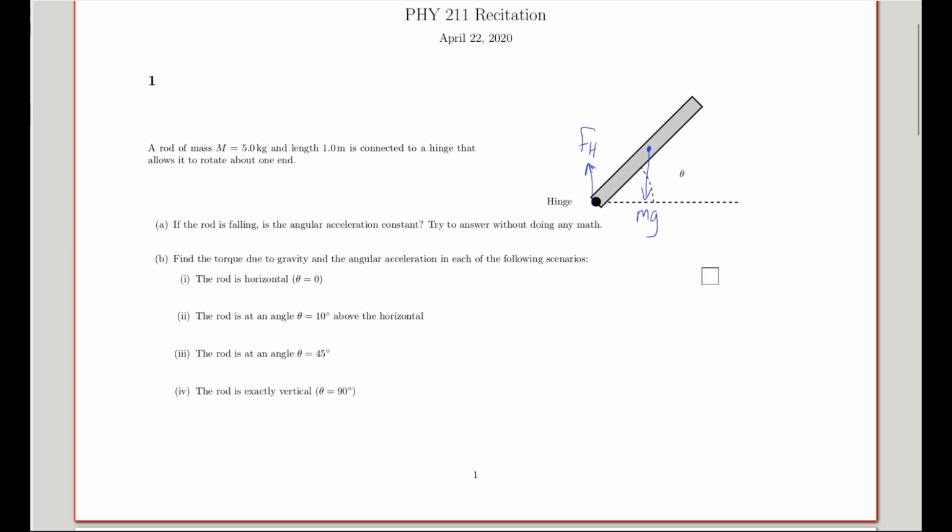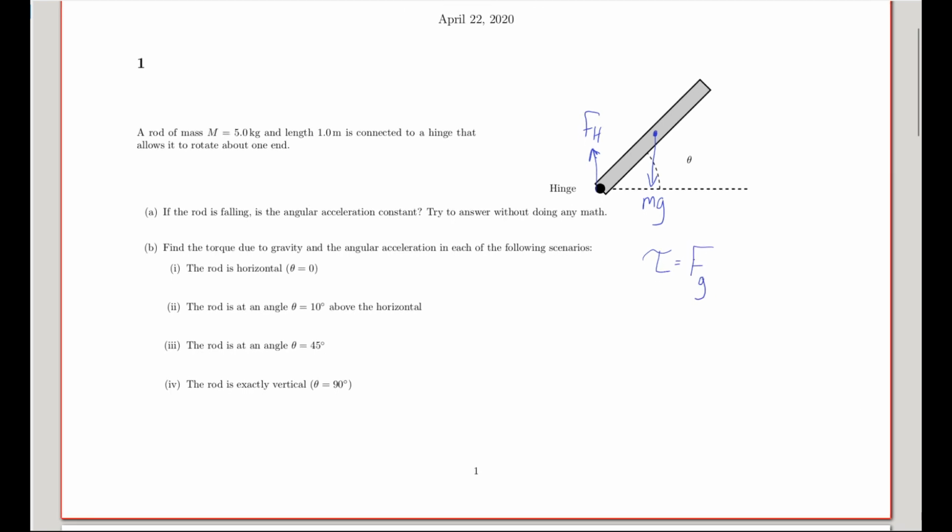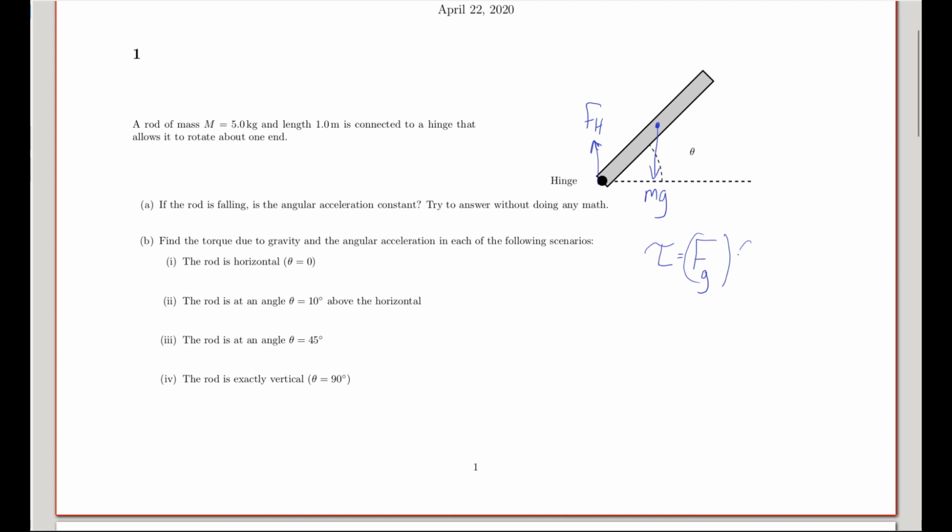So let's figure out how to calculate the torque as a function of angle. Now we know that the torque is the force of gravity times the perpendicular component of the radius.